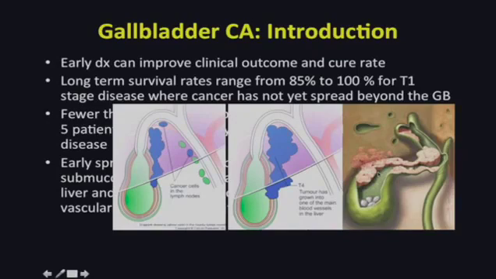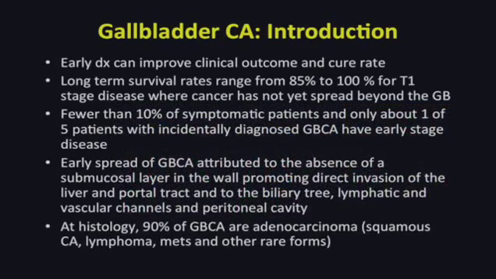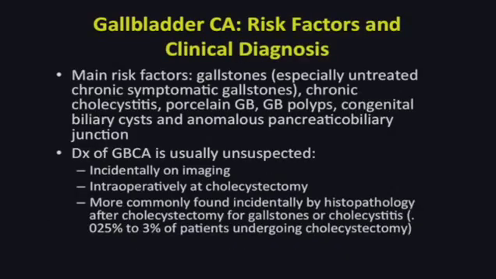The cancer spreads to the liver mainly by direct invasion and also along the portal tract to involve the biliary tree, along the hepatoduodenal ligament to involve the lymph nodes and vascular channel, and then the peritoneal cavity, and then distant metastasis. At histology, 90% of gallbladder cancers are adenocarcinoma.